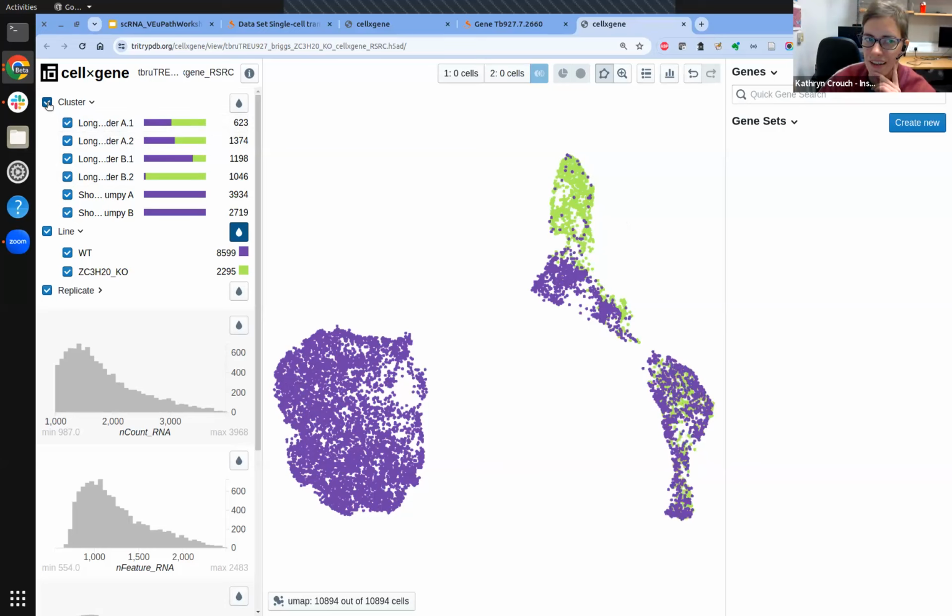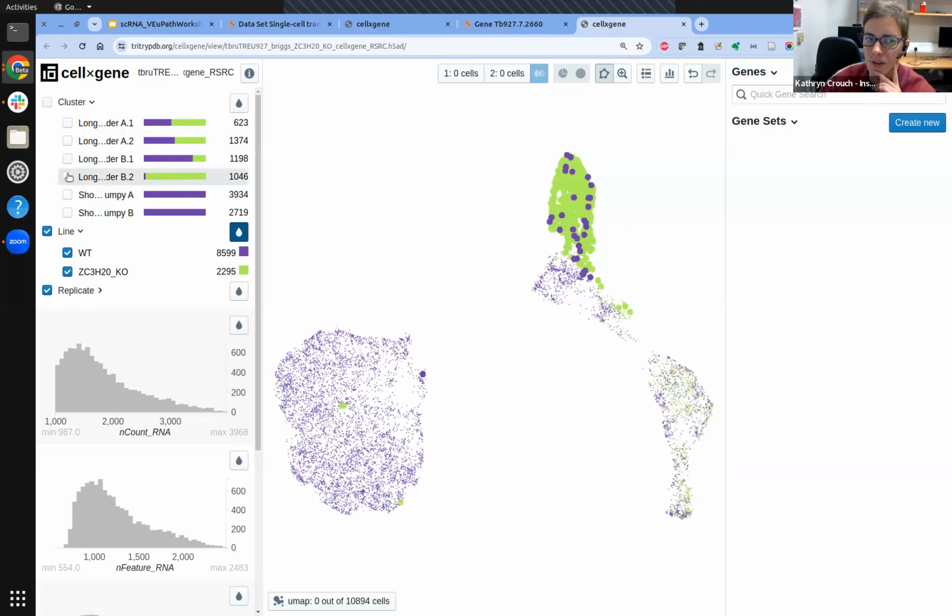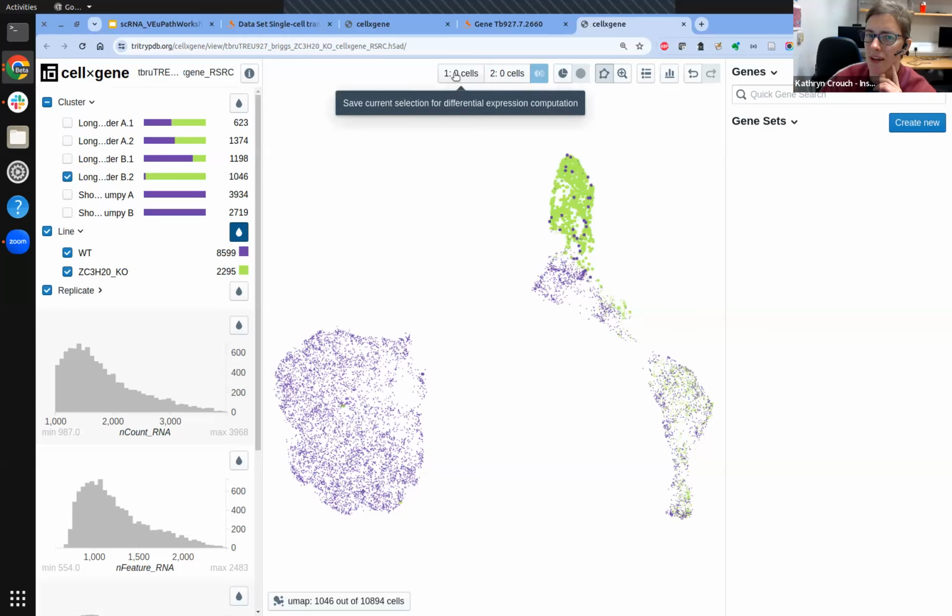So if I deselect everything and then select only the B2 group, I have 1,046 cells in this group, and I can add them up here to a group by clicking where it says 1. And you'll notice it goes from 0 cells to 1,046 cells. I've added those into group 1.